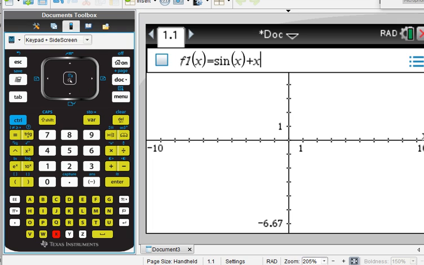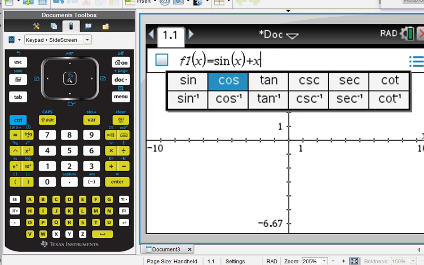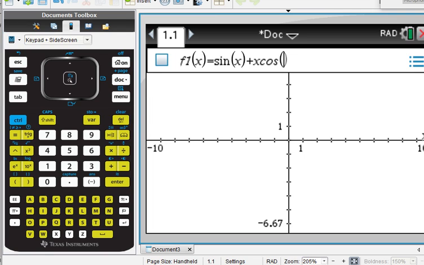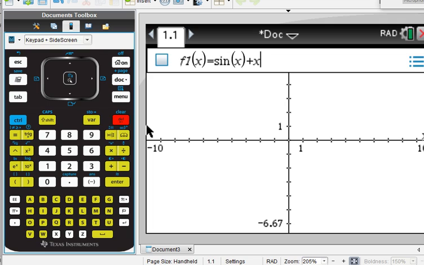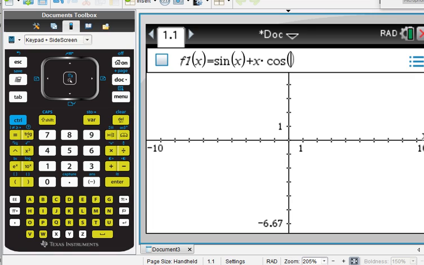And here's another place, don't just hit cosine. It's going to try to create this weird thing, give you an error. Make sure you actually put times, otherwise the calculator is not going to understand on the Inspire that you actually want to multiply them together. Times cosine of x.